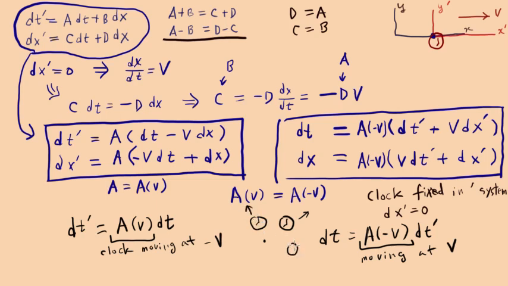if it is observed to go at a different rate than the clock at rest, the rate change should be independent of the direction in which the clock is moving. In fancy language, that's what we call isotropy of space. The physical laws should be independent of all the directions of space.